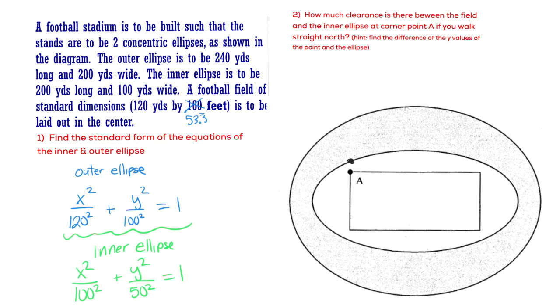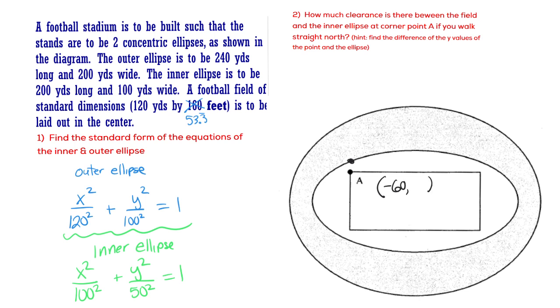All right, so thinking about that, the 120 yards is this full length. So from the center, I'd be going left 60 yards. Good. Okay, so the coordinates of point A, I'm going to write it down here so it's right handy for us, would be left 60.